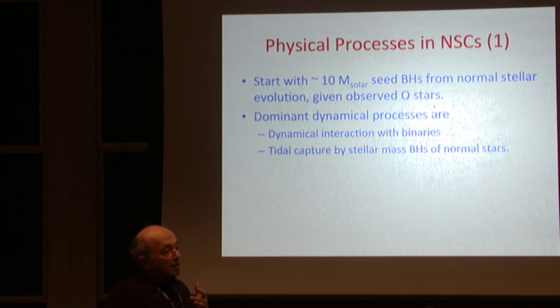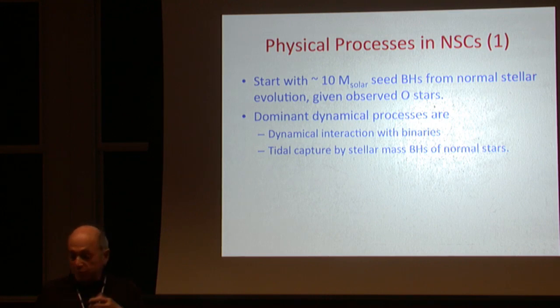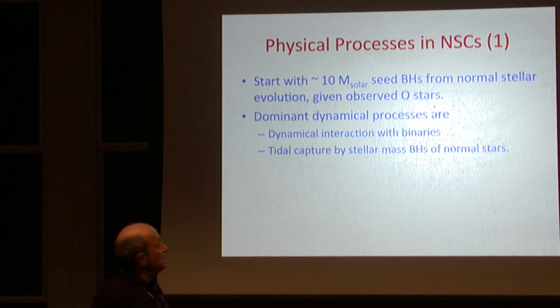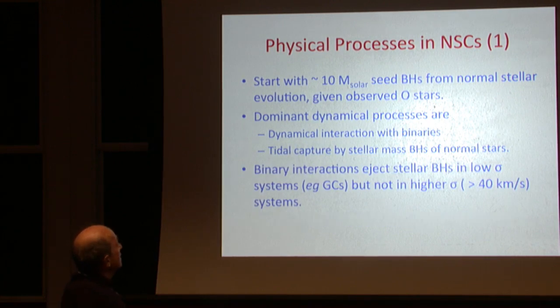So, it might be that because the energy that's deposited in this is not deposited in the center, it's deposited in the outer layers, from which radiation is relatively easy. So the work that's been done gives a limit of about 40 kilometers per second, where that will eject the black holes.